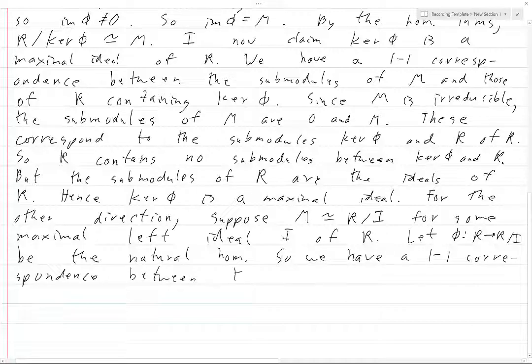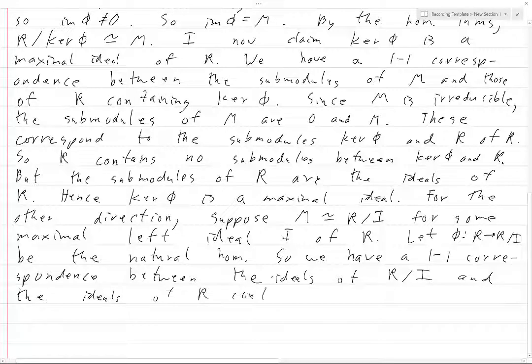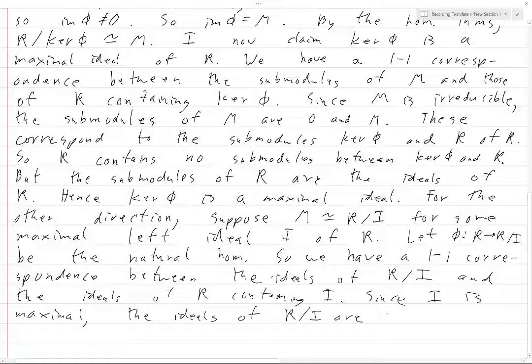Between the ideals of R mod I and the ideals of R containing I. And since I is maximal, the ideals of R mod I are 0 and R mod I.